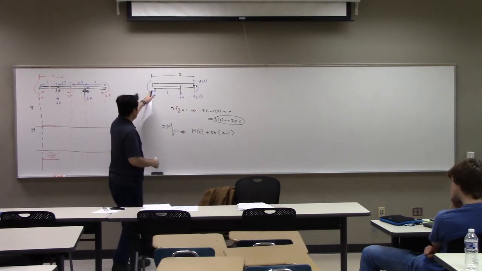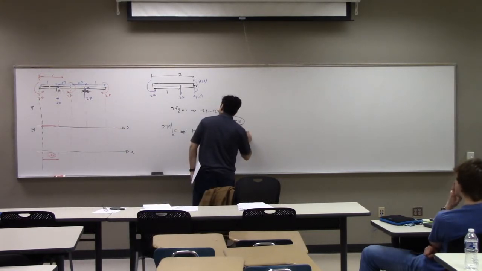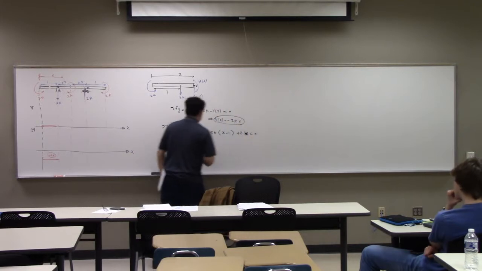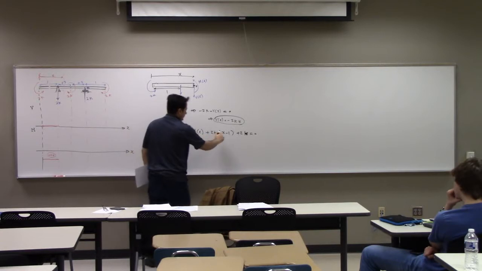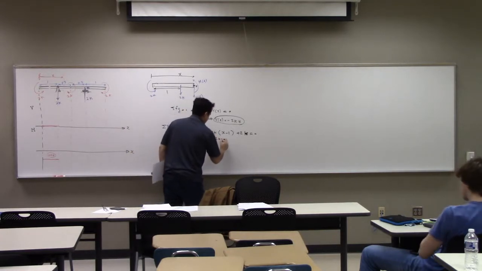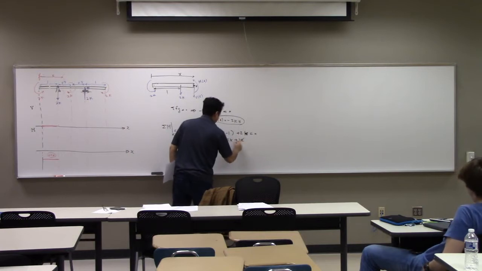So then finally you go to this one. What should I do with that? Plus 2k. There is no moment arm. Is equal to 0. So this becomes 2kx minus 2k plus 2k. This cancels out with that.